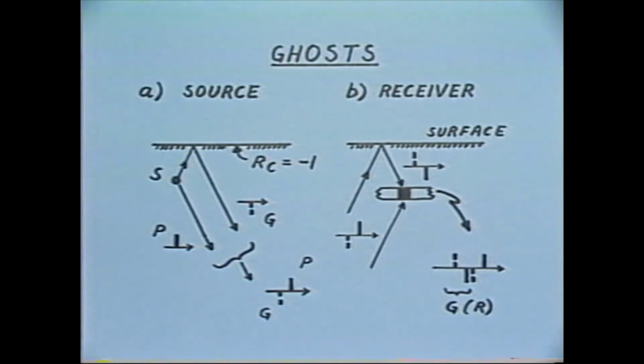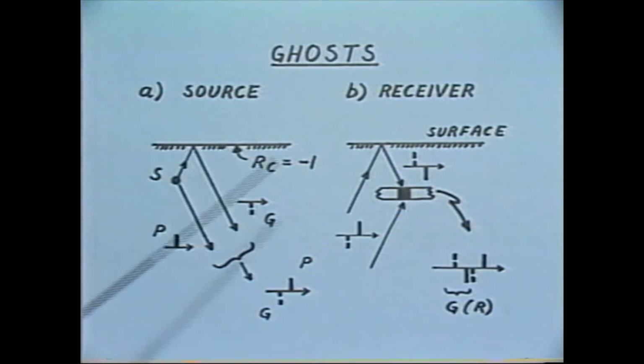Now, ghosting can also occur at the receiver end of the travel path if the receiver is below the surface, and this is a situation in marine work where the receivers are below the surface of the water in the seismic streamer. On land, they're sitting on the surface, and so we don't get ghost reflections at the receiver end of the travel path on land data.